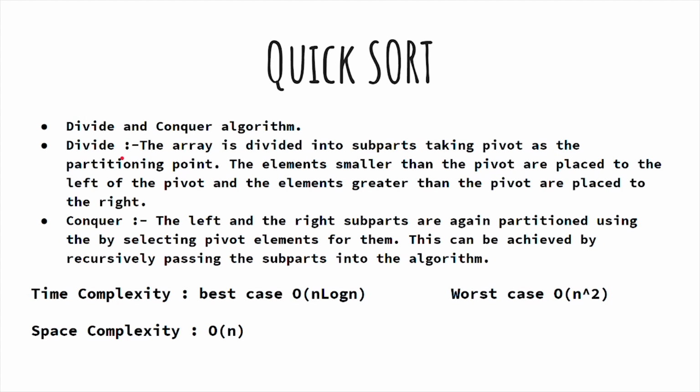Now for quick sort, like merge sort, it also follows the divide and conquer approach. In this, divide means that the array will be divided into two subparts, but unlike merge sort, it does not divide in equal halves. It considers a pivot element, which will be the partitioning criteria, and rearranges the whole array in such a way that all the elements smaller than the pivot will be placed on the left of the pivot, and all the elements greater than the pivot will be on the right of the pivot.